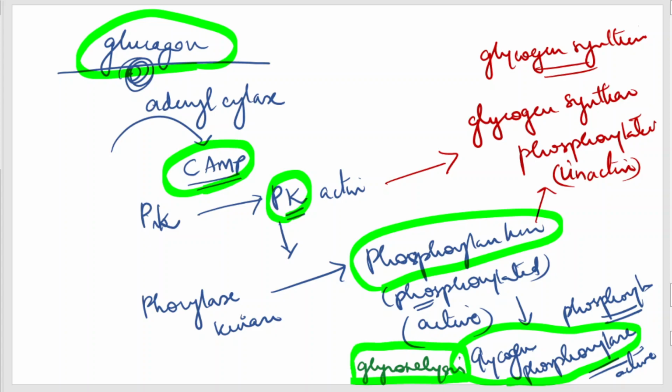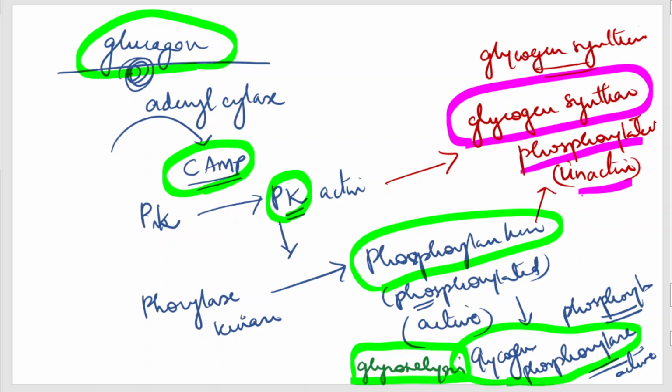Similarly, this protein kinase not only phosphorylates the glycogen phosphorylase, it also phosphorylates one more enzyme, which is glycogen synthase. But phosphorylation of glycogen synthase makes it inactive. So glycogen synthesis is inactive. Both glycogen synthesis and glycogenolysis do not happen simultaneously.